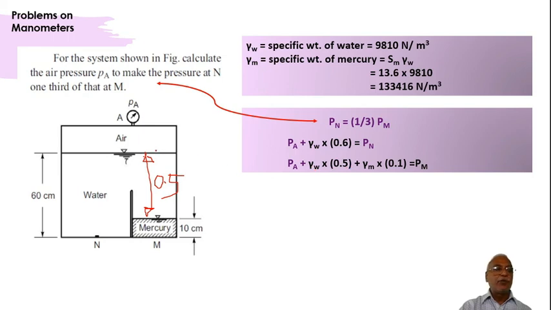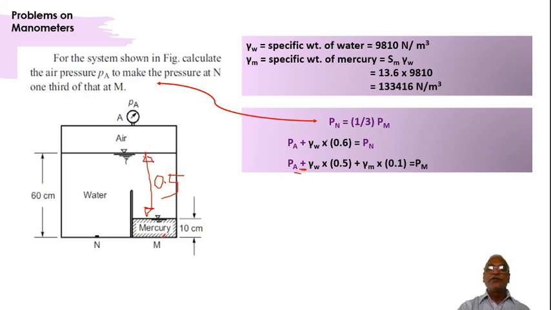I'm going down into water, that's why I have used a plus sign over here. Make note of this plus sign. Then again in mercury I'm going down, so there is a plus sign. In mercury gamma M through a distance of 0.1. So I reach the point M, that's equal to Pm. So this is how to write the expressions for Pn and Pm.